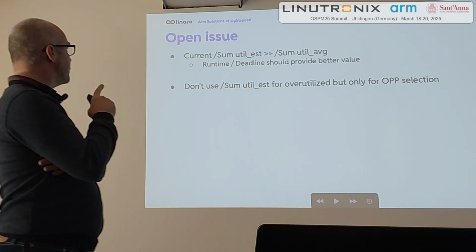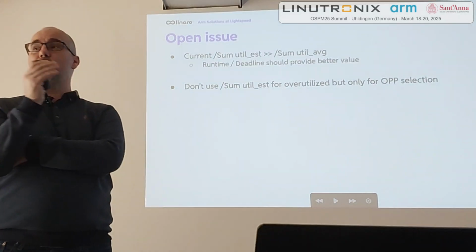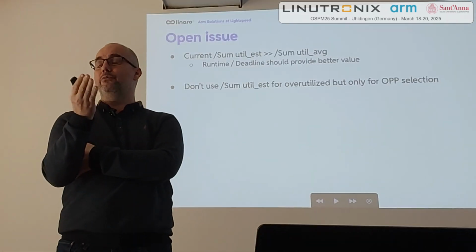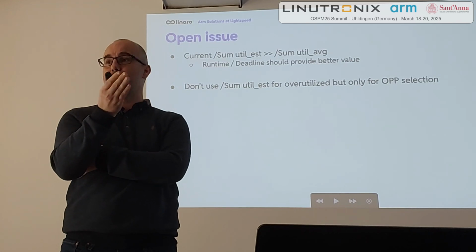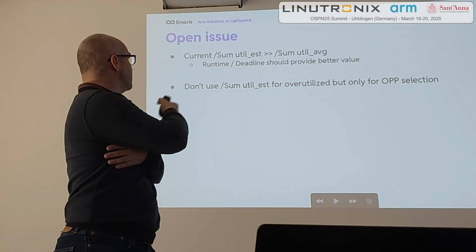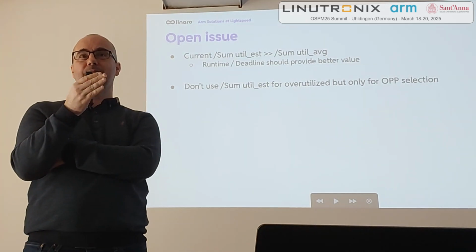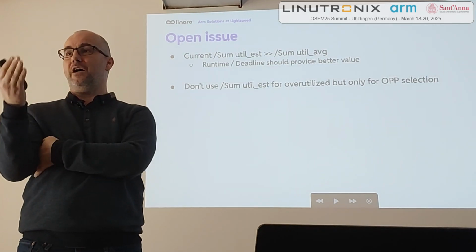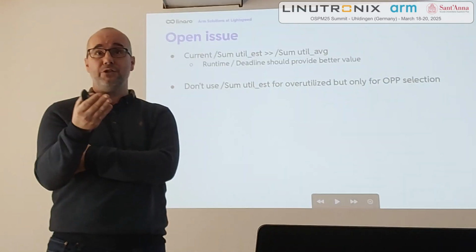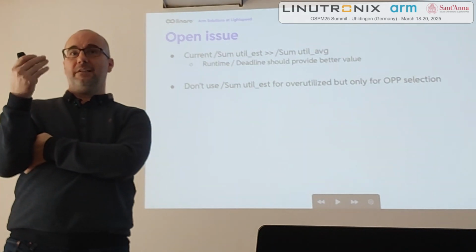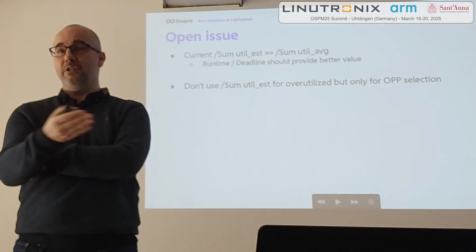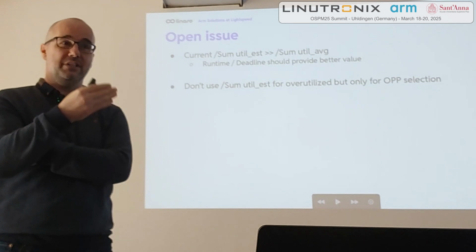The only advantage with the runtime and deadline is that we should remove part of this if we set the UTLS of a task with the bandwidth. We should not face this sum of UTLS larger than the real utilization of the CPU, and switching to the overutilized mode and so on.